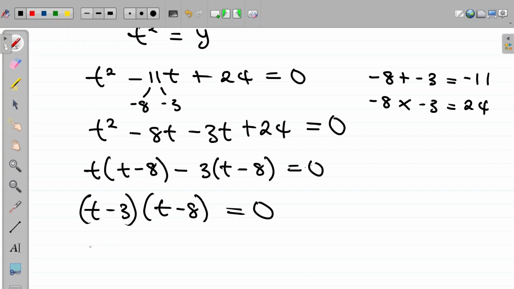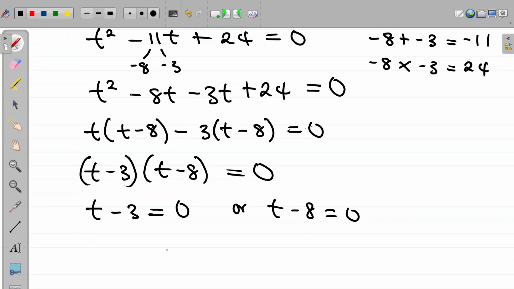So from here, we have that t minus 3 is equal to 0, or t minus 8 is equal to 0. Thus, t is equal to 3, or t is equal to 8.